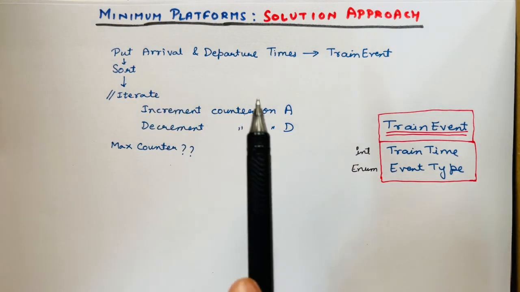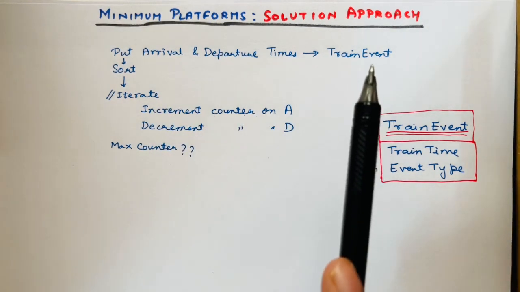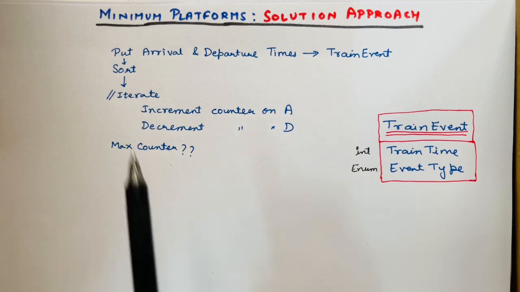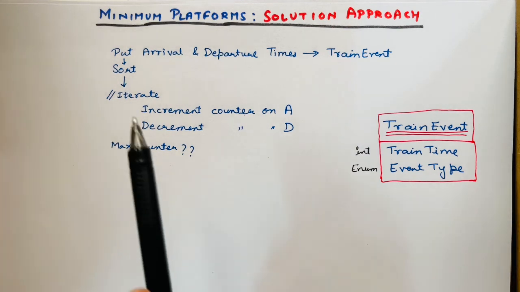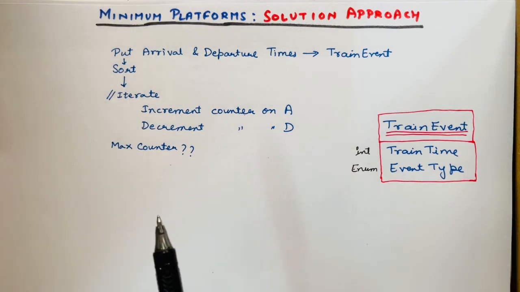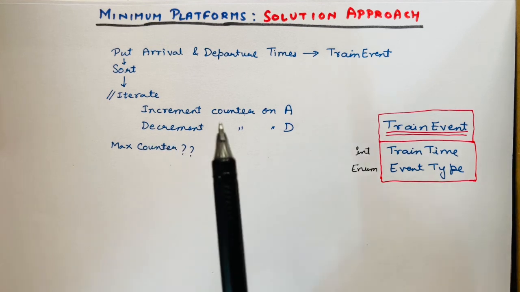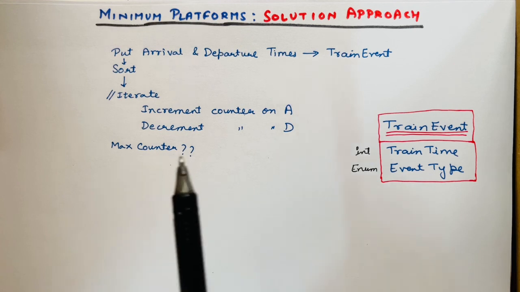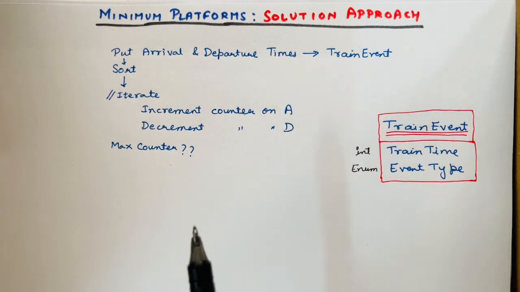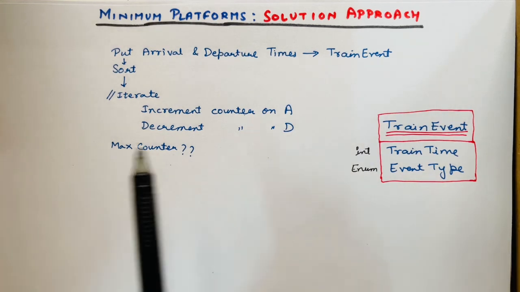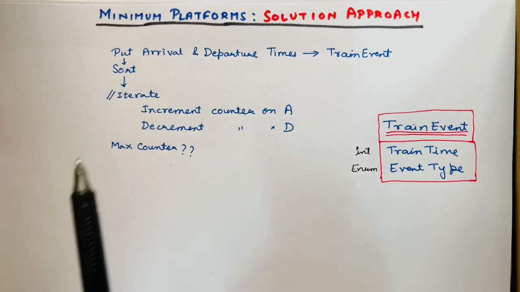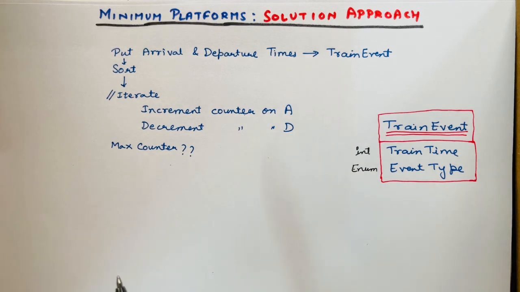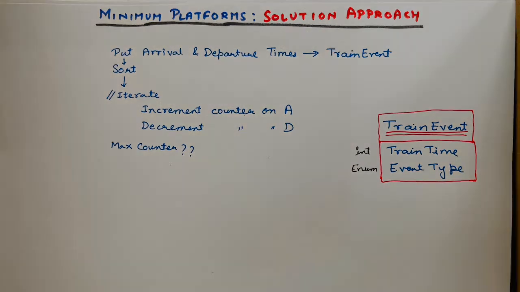Once arrival and departure times are converted into a train event array, we will sort it. Then we will iterate over that array, and whenever there is an arrival, we will increment some counter. Whenever there is a departure, we will decrement that counter, and at any point in time, whatever was the max counter's value will be our minimum number of platforms that will be needed.